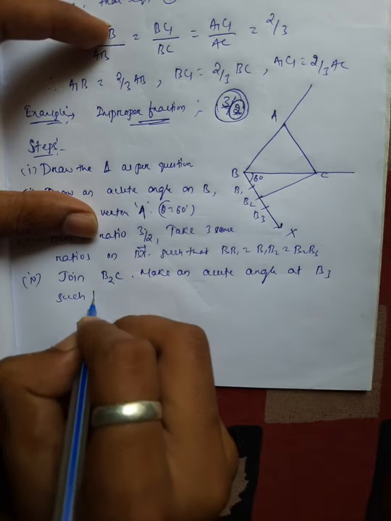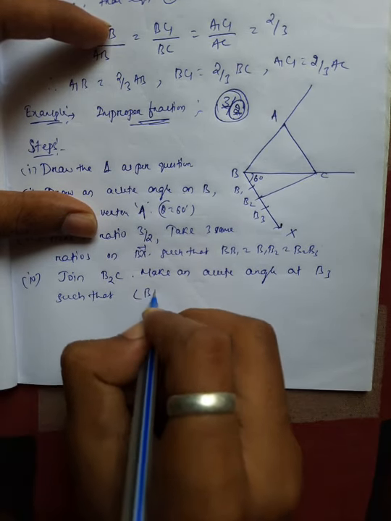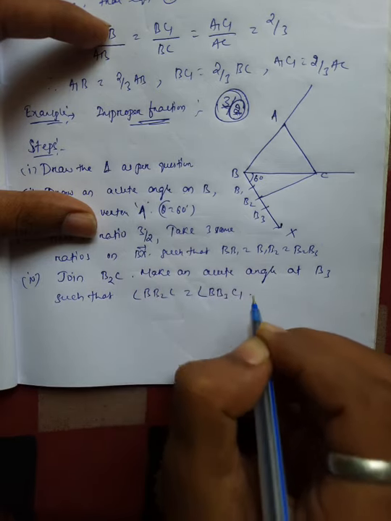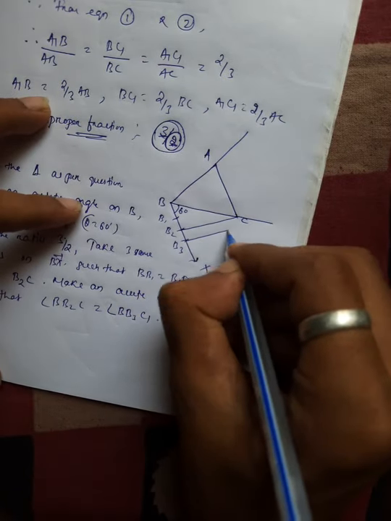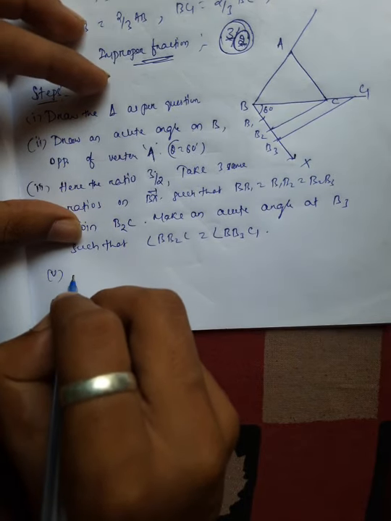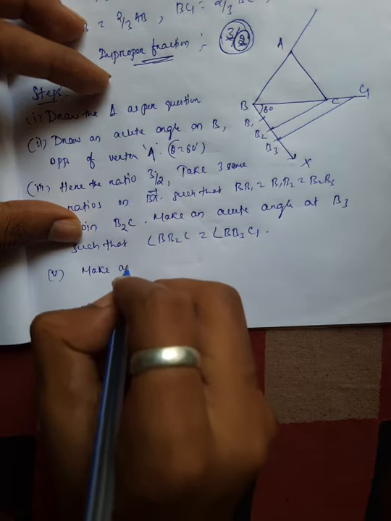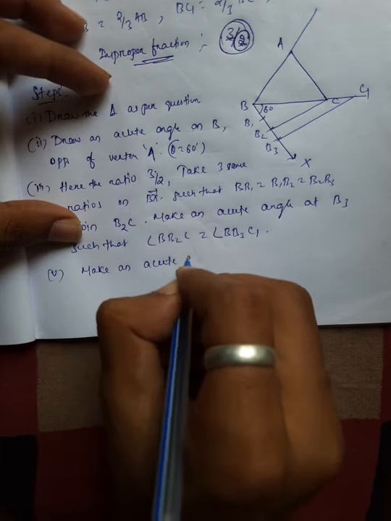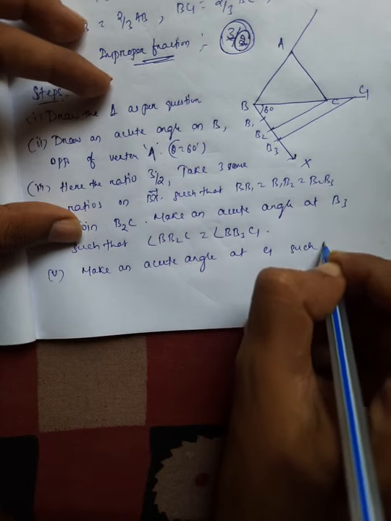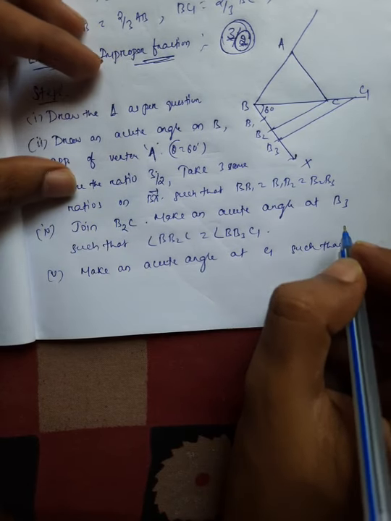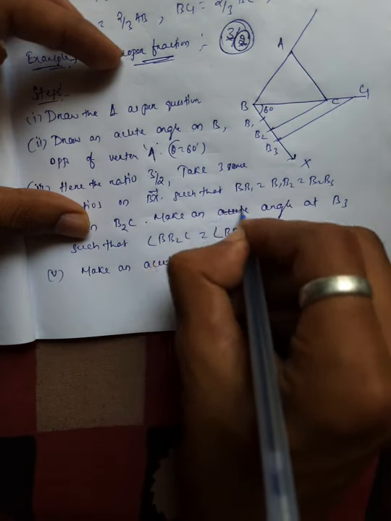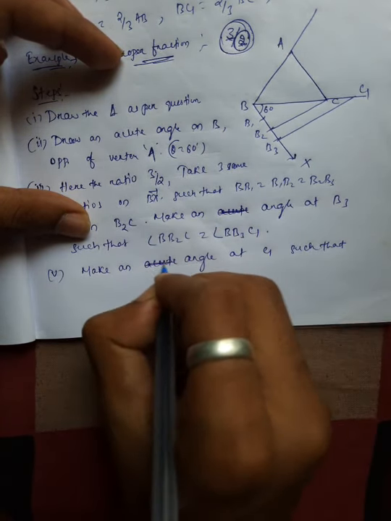such that angle B2C equals angle B3C1. Here is C1. Also make an angle at C1 such that, this is not an acute angle, sorry, the same angle.